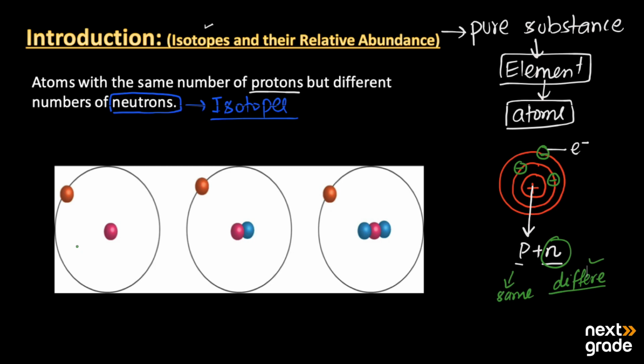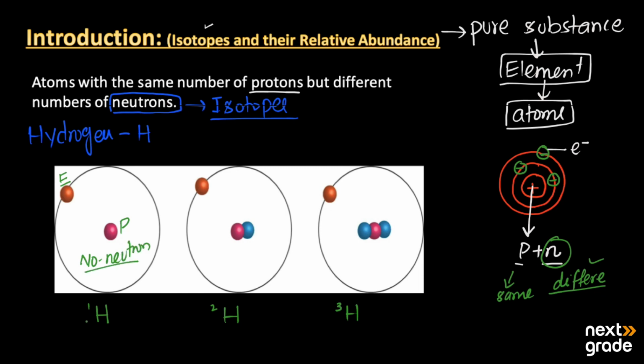Now here we have the example of isotopes of hydrogen. Hydrogen, its symbol is capital H. In the picture, we can see hydrogen 1, hydrogen 2, and hydrogen 3. The first has just one electron and one proton, and no neutron is present.